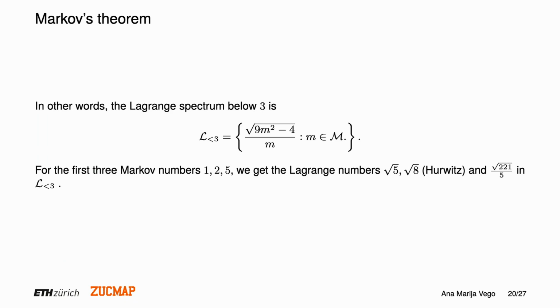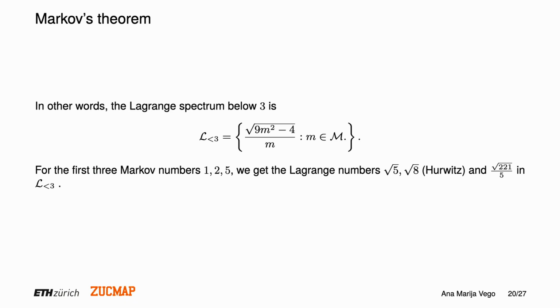And said a bit more nicely, in other words, the Lagrange spectrum below 3 is given by this set of irrational numbers given by the square root of 9 m squared minus 4, divided by m, where m are these Markov numbers.